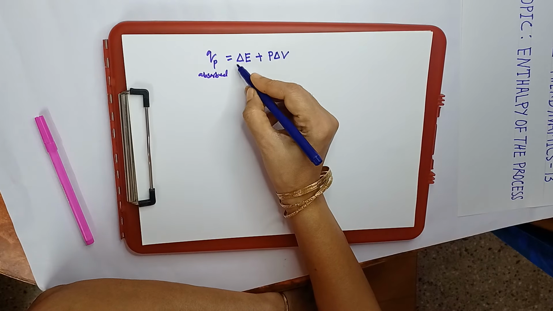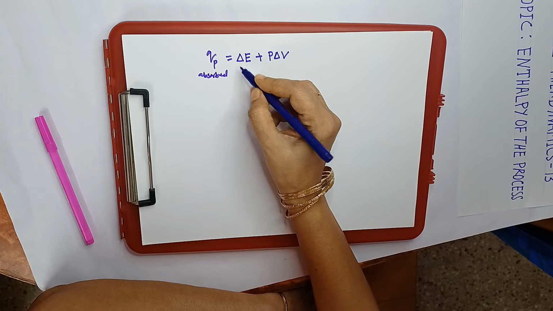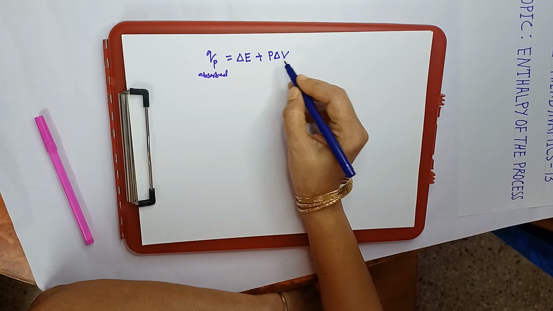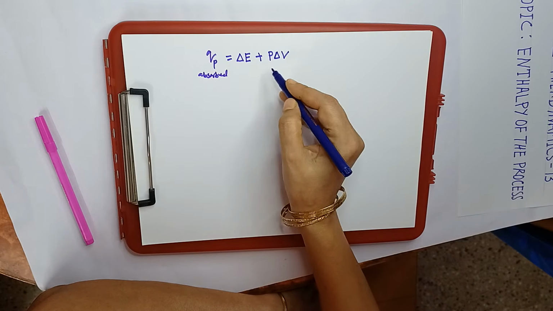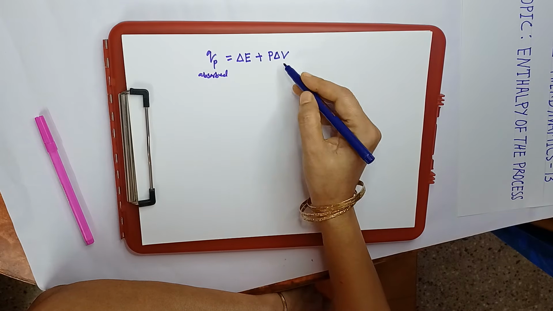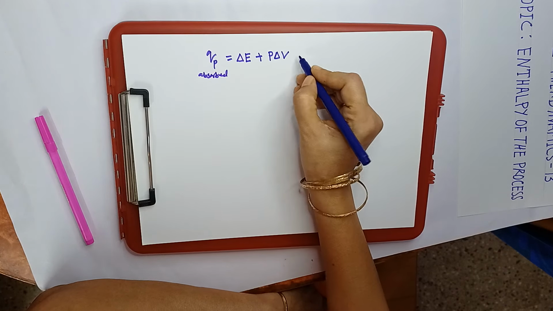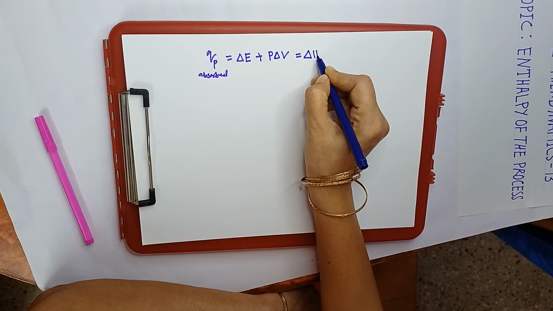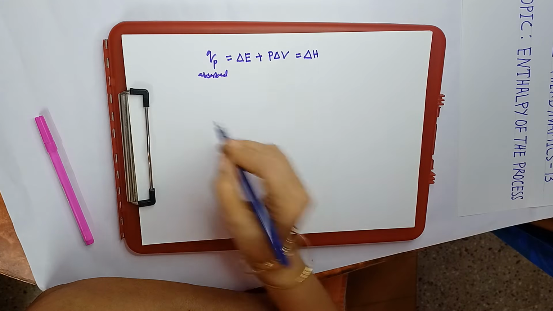And this increase in internal energy means increase in the thermal energy, whereby temperature increases, and this is the pressure-volume work done by the gaseous system. So heat absorbed is divided into two parts. One part increases internal energy, one part is utilized for pressure-volume work, and this is equal to the change in the enthalpy.